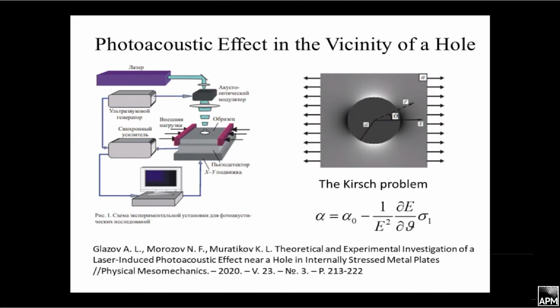There is a famous relation about the linear thermal coefficient in the uniaxial case. If we take into account the temperature dependence of the Young modulus, we can write this relation. It's the dependence of this linear thermal coefficient on external stress, here sigma 1.